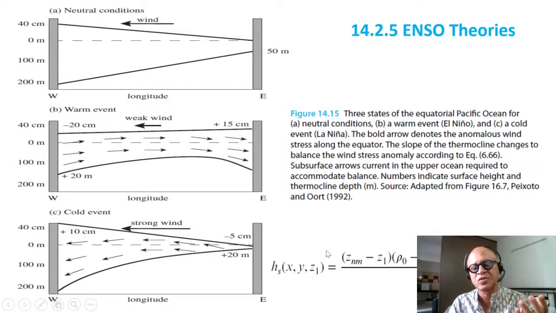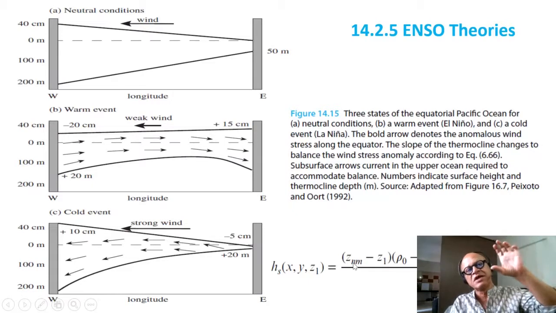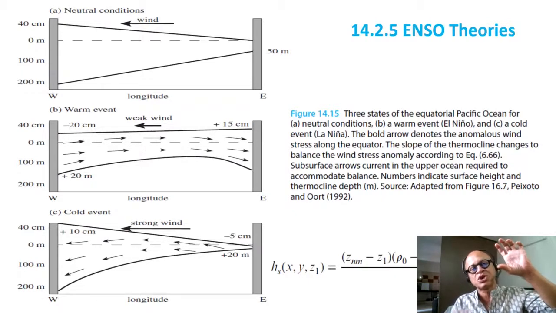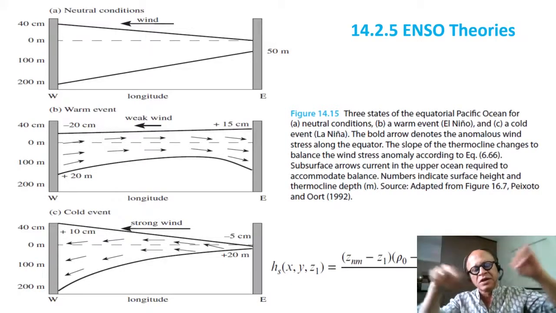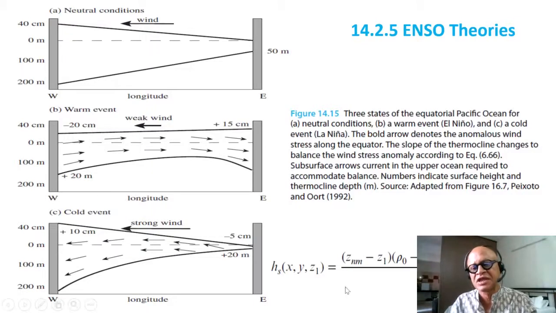The thermocline slope is something we defined in chapter 6, where there is a level of no motion. So we had looked at kind of a reduced gravity situation, with the deep motionless ocean with the active layer on top, and we had looked at pressure gradients within that layer.